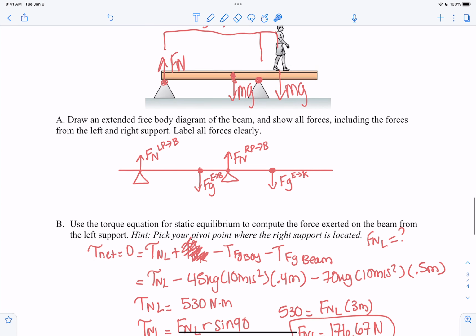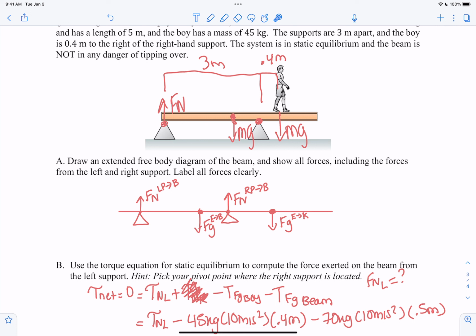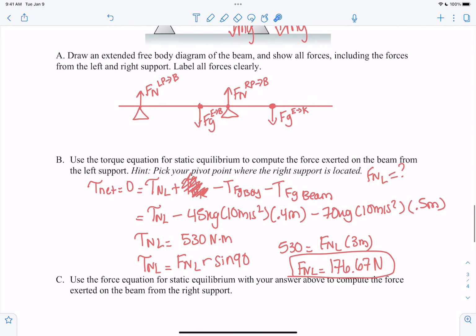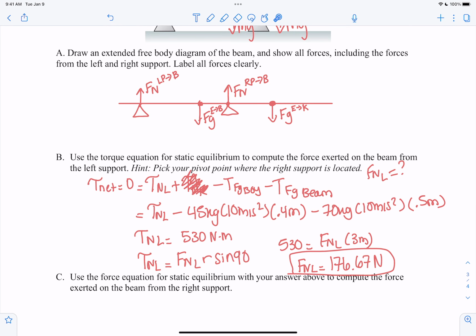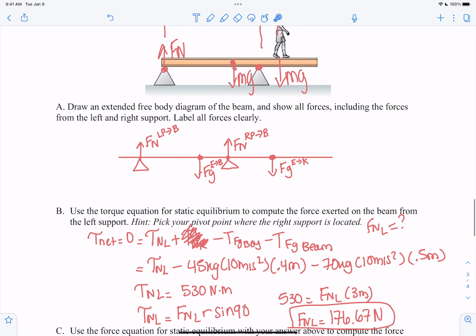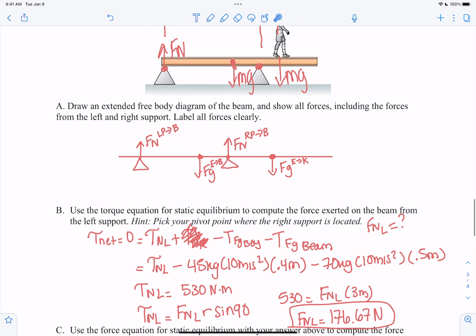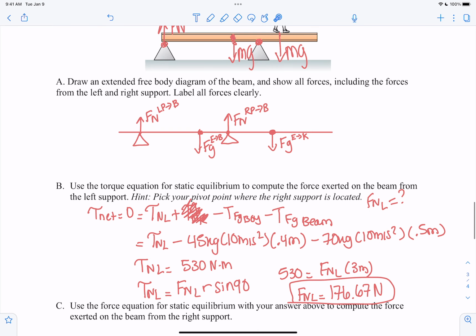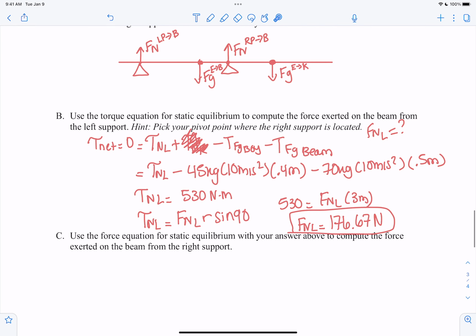So yeah, I guess in this case, torque should be negative. Yeah, that's a great point. I made that mistake. Thanks so much for catching that, because technically these shouldn't even be negative torques. They should be positive.